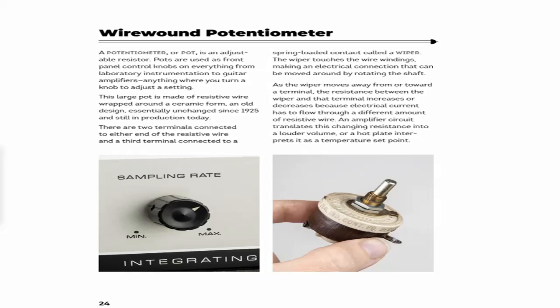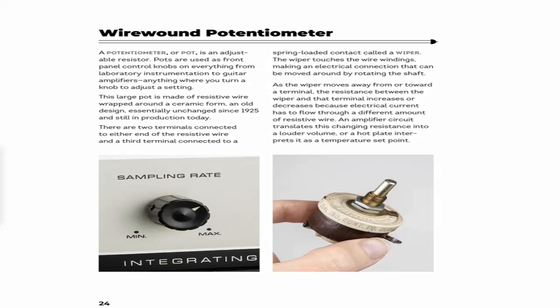There are two terminals connected to either end of the resistive wire, and a third terminal is connected to a spring loaded contact called a wiper. The wiper touches the wire winding, making an electrical connection that can be moved around by rotating the shaft.